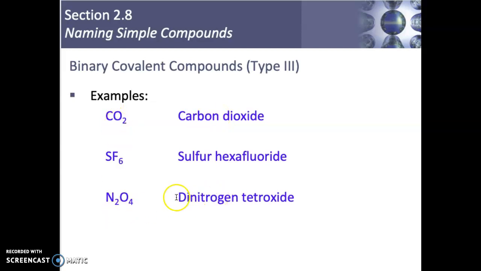But notice down here, if it's not 1, we give it a number prefix, dinitrogen tetroxide. Tetra is what it means, 4. So it's an oxygen. We add the "ide" to it, so it's dinitrogen tetroxide. Up here, we don't say monocarbon. We just say carbon dioxide. Sulfur hexafluoride. Pretty easy.